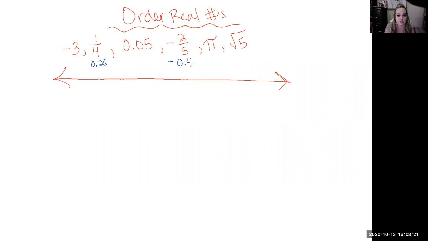So -4/10. Pi is approximated at 3.14. And then the square root of 5, remember how to do that in the calculator. You put the 5 and then the square root symbol, and we get 2.236. And we'll just stop it there.